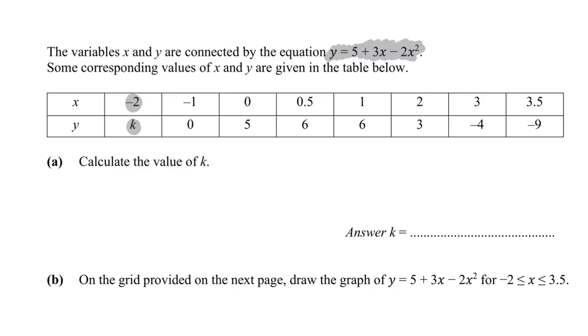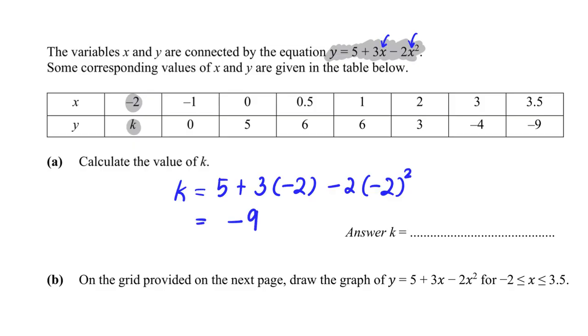So k is simply equals to 5 plus 3 times -2, minus 2 times -2 squared. And this will give me a value of -9. So I got my -9 here.